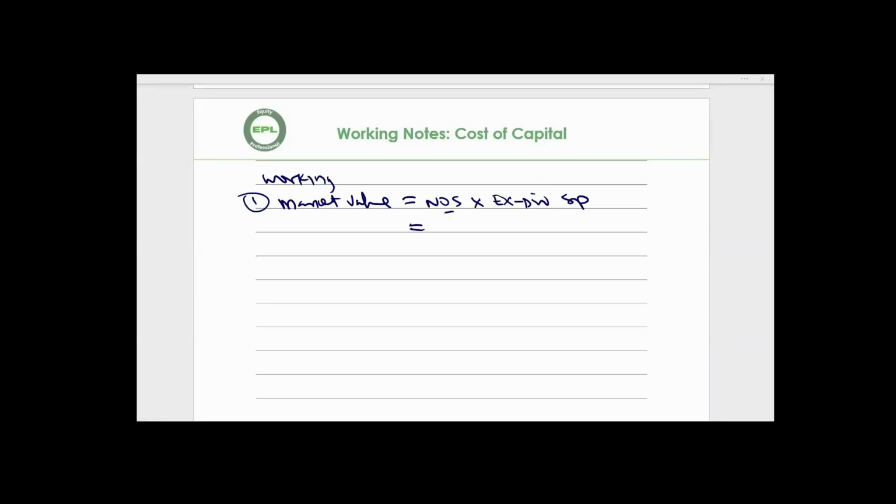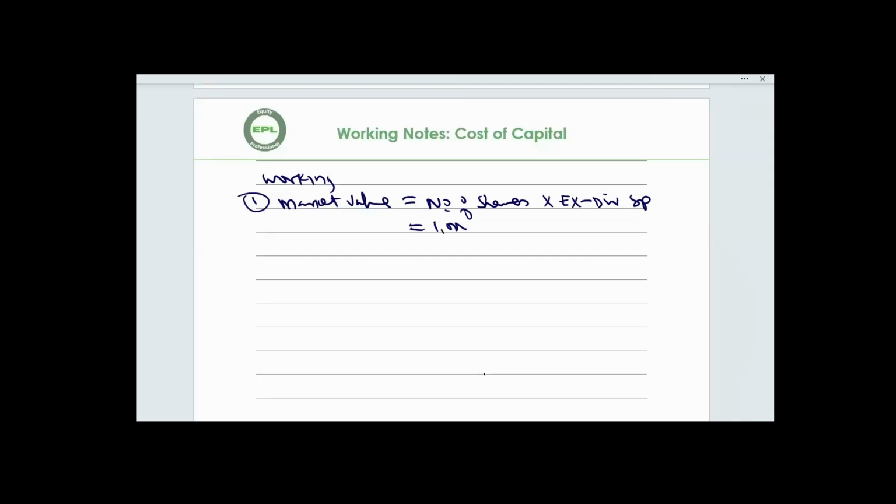Okay, so let me write it out in full. Number of shares multiplied by ex-div share price.